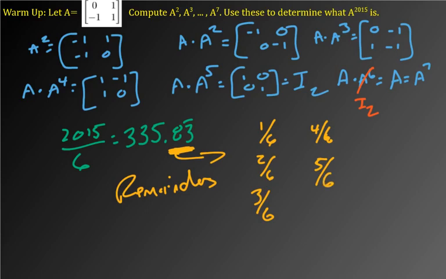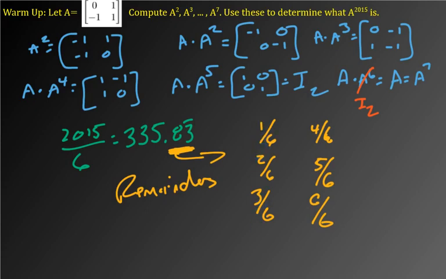So if there was no remainder, then it would be an I2 matrix. If it was a remainder of 1/6, then it would just be A, right? If it was 2/6, it'd be A squared, 3/6, A cubed, so on and so on.